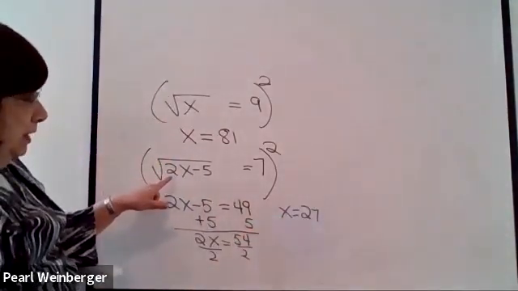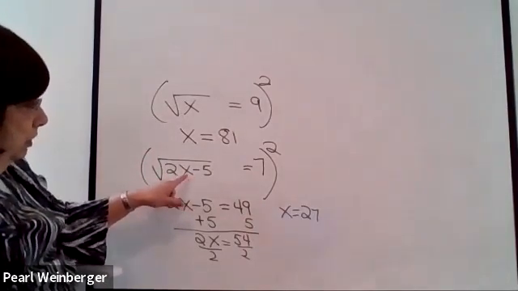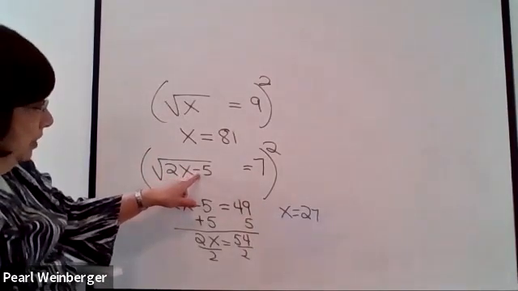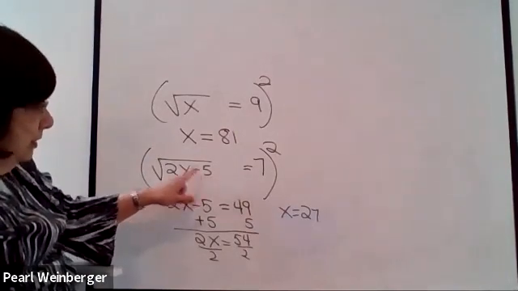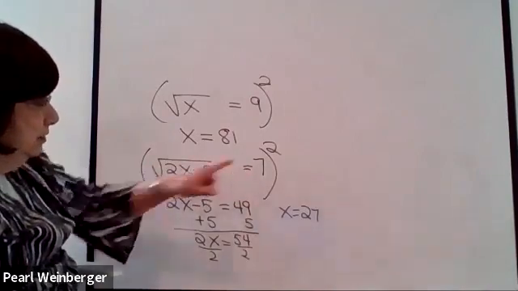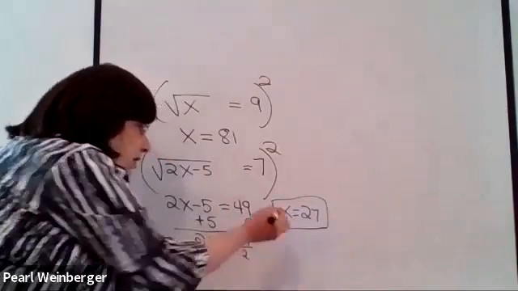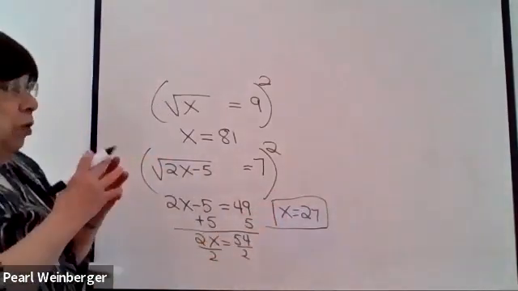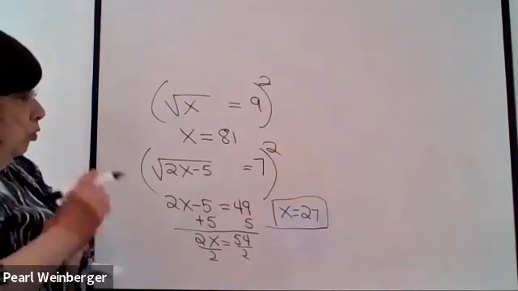And I can check my answer. 2 times 27 is 54. 54 minus 5 is 49, and the square root of 49 is 7. So my answer turns out to be 27. And the whole point is to get rid of that radical.